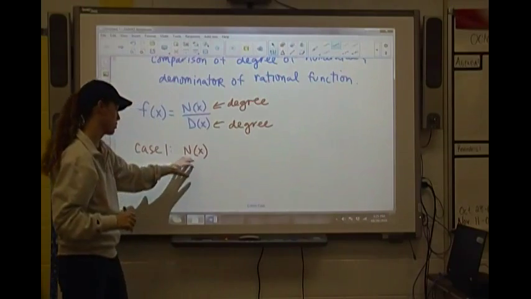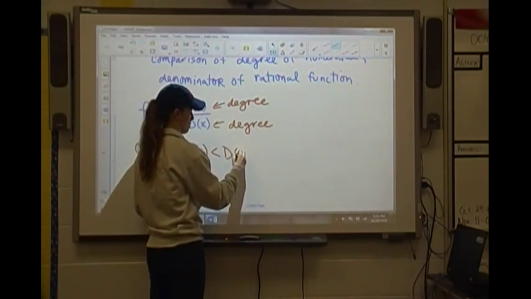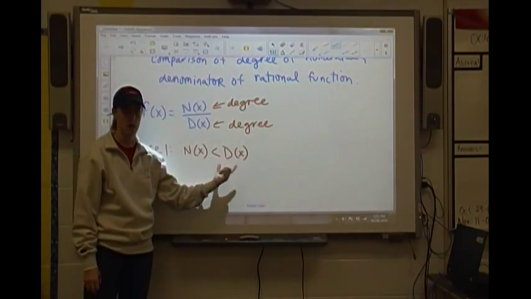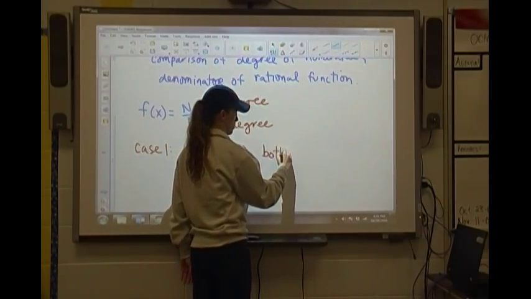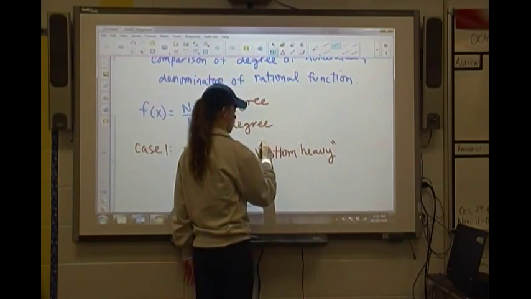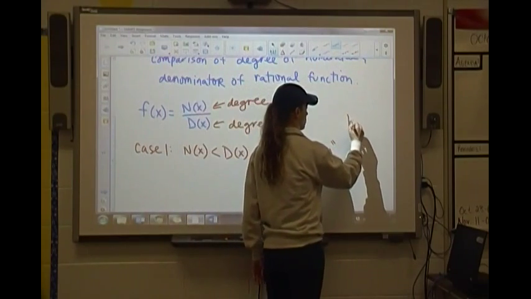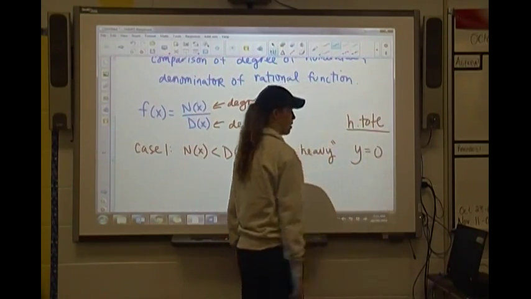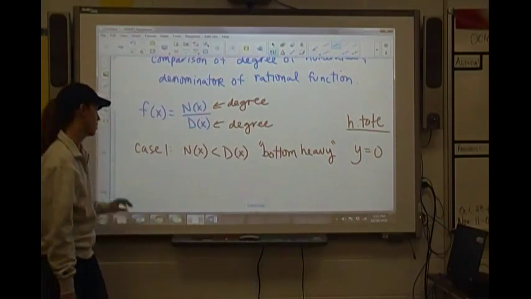The numerator degree is smaller and the denominator is bigger. We can call that bottom heavy. And if it's bottom heavy, then our horizontal asymptote is automatically y equals 0. So there's no math involved. You already know that the horizontal asymptote is y equals 0.